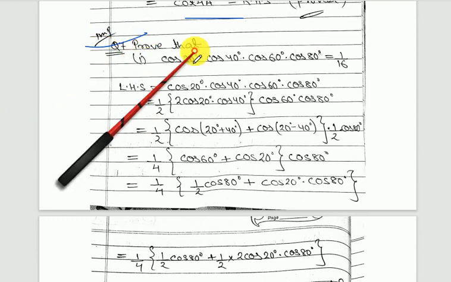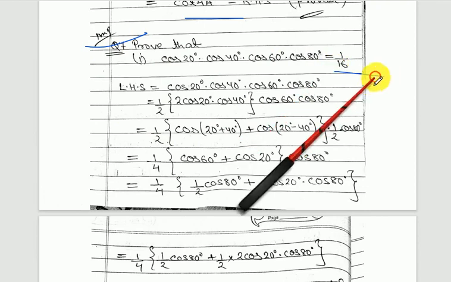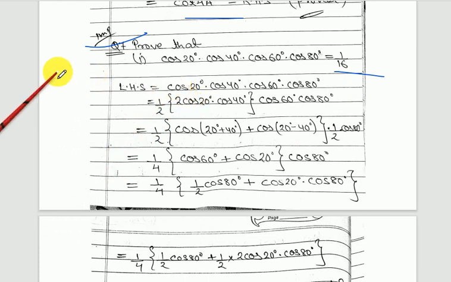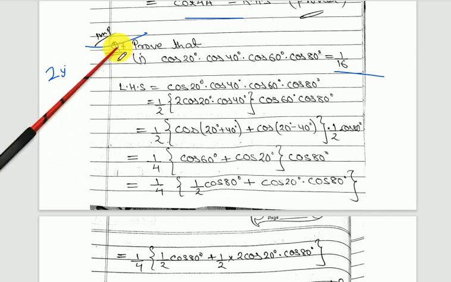Question 7, important. Prove that cos 20 degree into cos 40 degree into cos 60 degree into cos 80 degree equals 1 upon 16. So take the left hand side, and we have learnt formulas for this type, 2 times sine a into cos b, something like that.